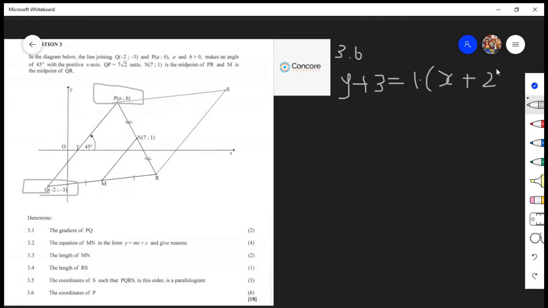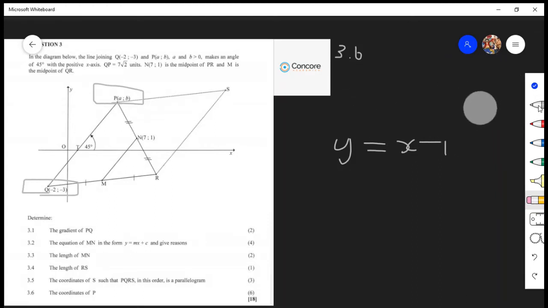So here we'd have y is equal to x plus 2 minus 3, and y would then be equal to x minus 1. Okay, so this is our equation of PQ, y equals x minus 1.